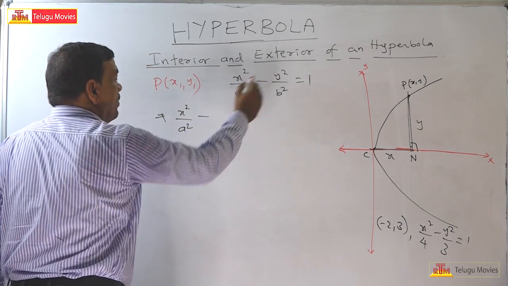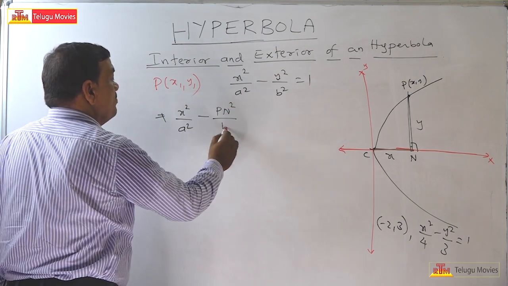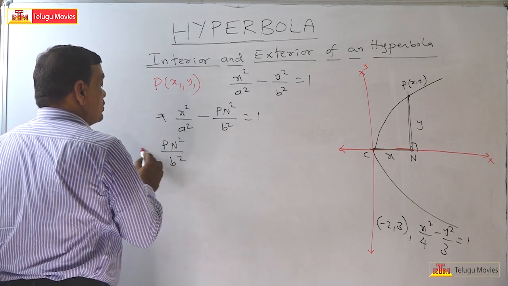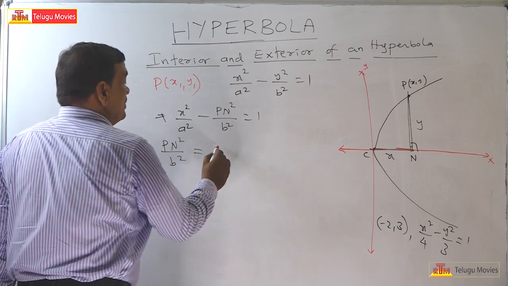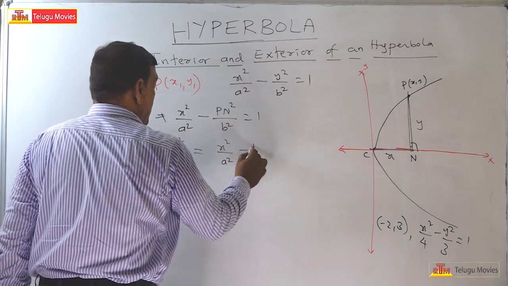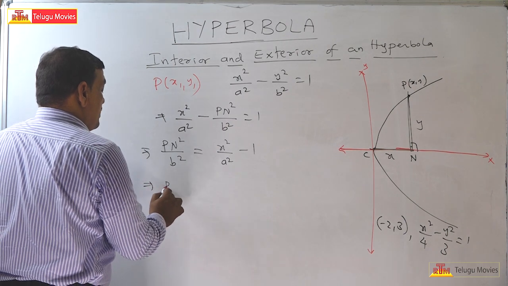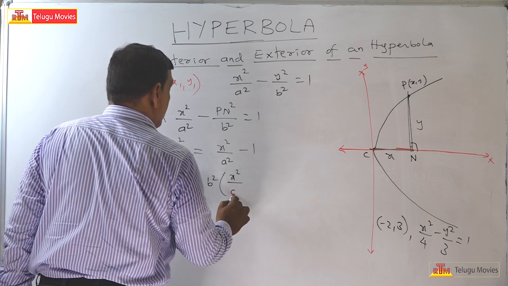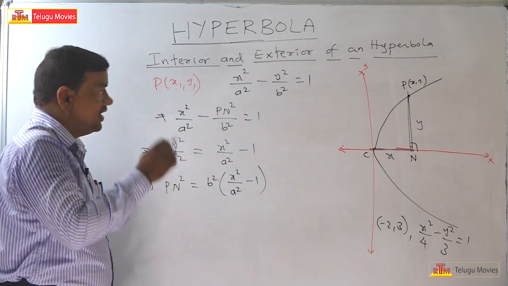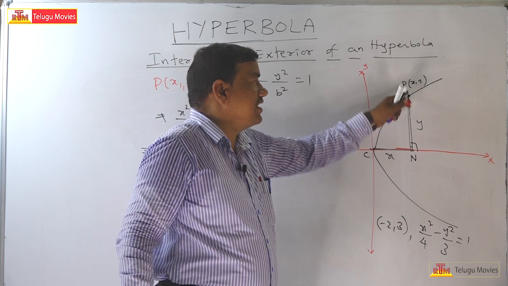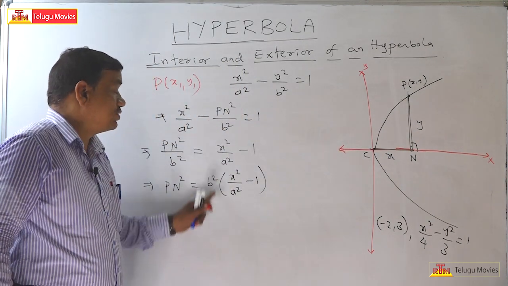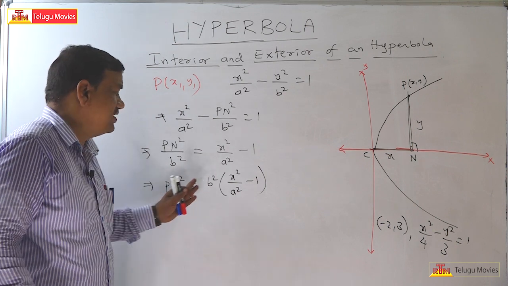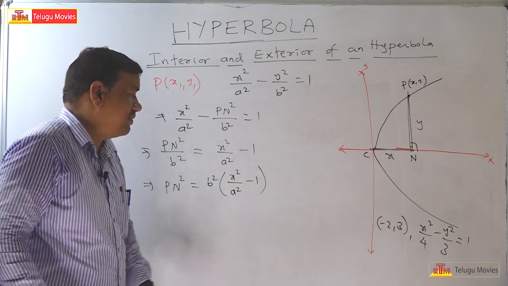So PN square by b square is equal to 1 means PN square by b square is x square by a square minus 1. This implies PN square is equal to b square into x square by a square minus 1. That means y square is equal to b square into x square by a square minus 1.